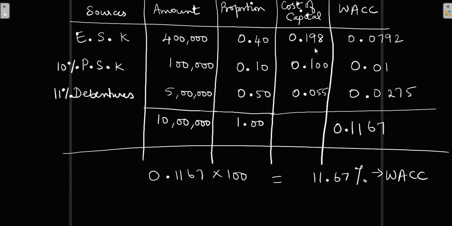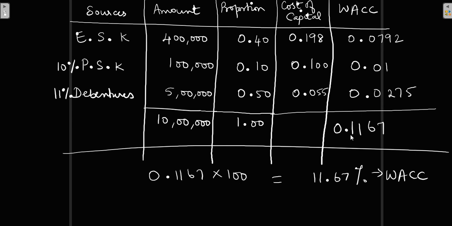Now the next step is you multiply the proportion into the cost of capital, that is 0.40 into 0.198, you will get 0.0792. 0.1 into 0.1 you will get 0.01. 0.50 into 0.055 you will get 0.0275.